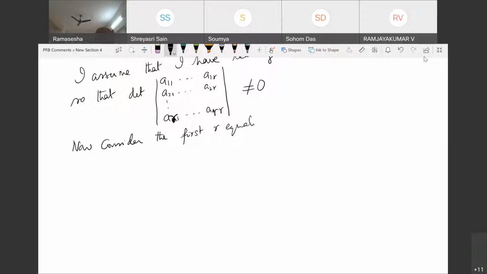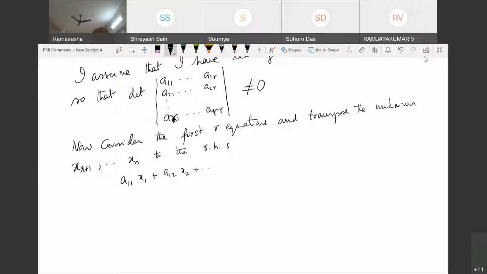And transpose the unknowns XR plus 1 to XN to the right hand side. That means what I'm going to do is write it this way. I'm considering the first R equations. I'll say A11x1 plus A12x2 plus A1R XR equal to minus of A1R plus 1 XR plus 1 minus A1R plus 2 XR plus 2 etc. minus A1n xn.